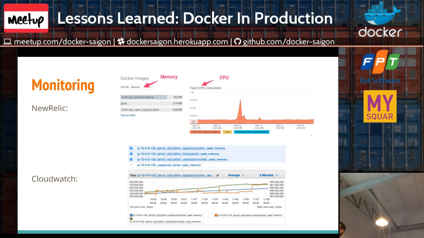After that, New Relic supported Docker, and our system is based on New Relic, so we use the Docker monitoring of New Relic. If you want to use New Relic, maybe free, it has 2-day data retention. Yeah, and you must pay more for longer data retention.